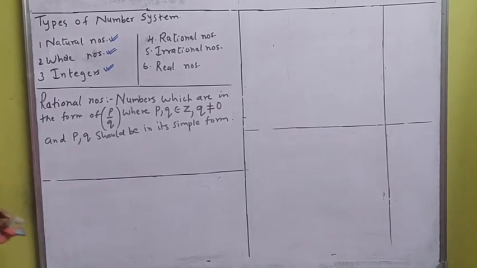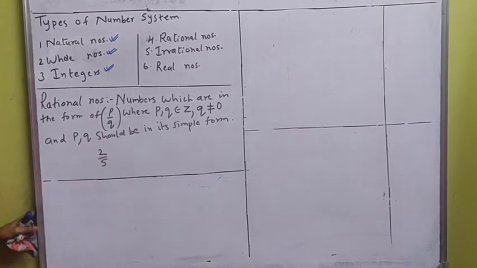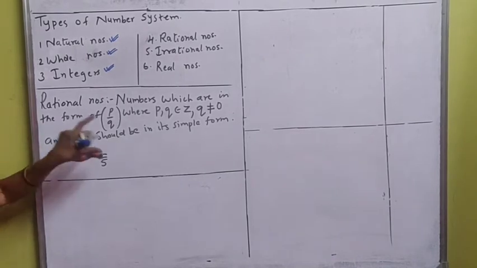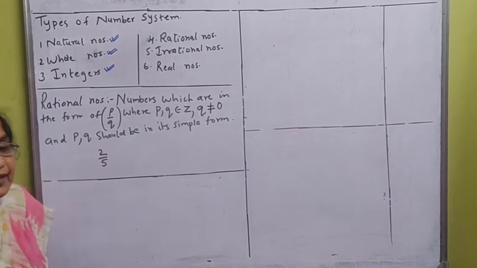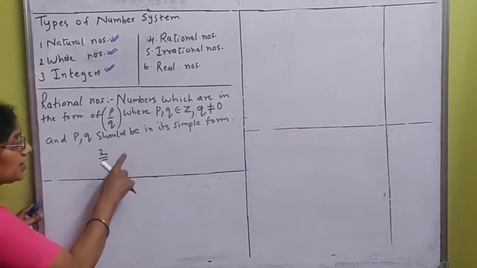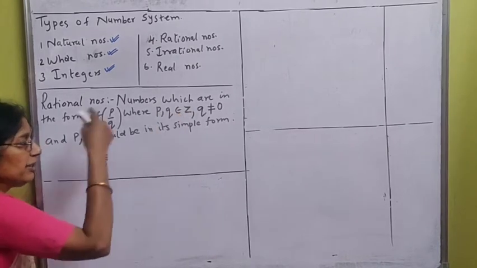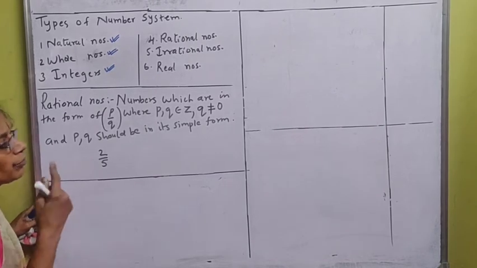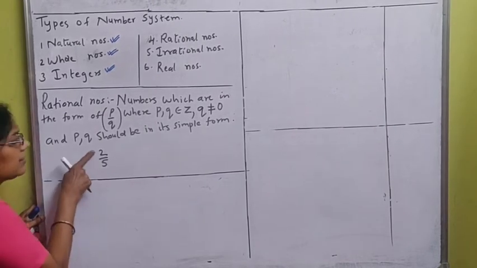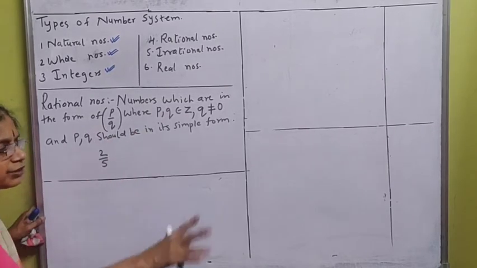Means they are nothing but the fractions. So for example, if I take 2 by 5, this is a fraction, can I call this a rational number? You have to check whether it obeys the 3 conditions or not. What is the first condition? p and q should belong to Z. Z means p can be positive or negative, q can be positive or negative. Here p is positive, q is positive, they belong to Z. First condition is over.